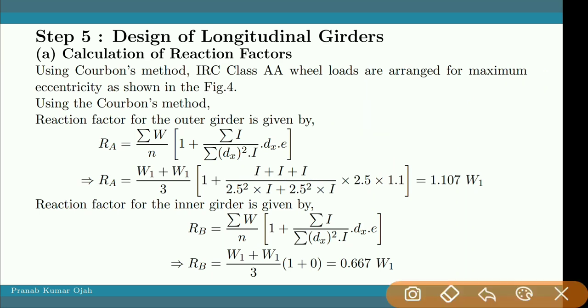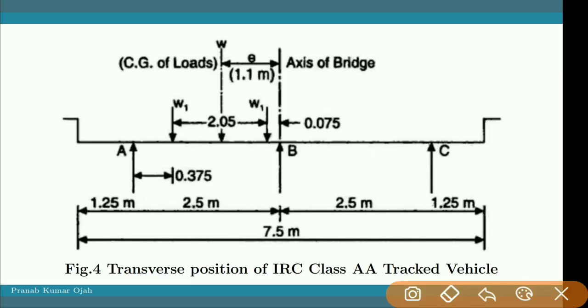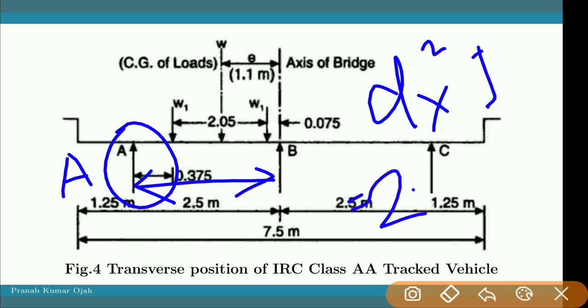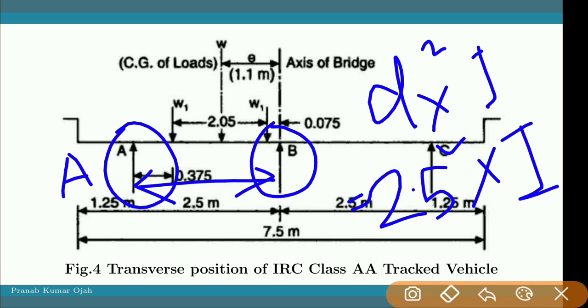Again, what is dx square into I? See, dx is the distance of one girder from the axis of the bridge. For the girder A, the dx is 2.5. So dx square into I means 2.5 square into the moment of inertia of the girder A, which will be I. Again, for the girder B, the dx will be 0, as the girder B is placed on the axis of the bridge.